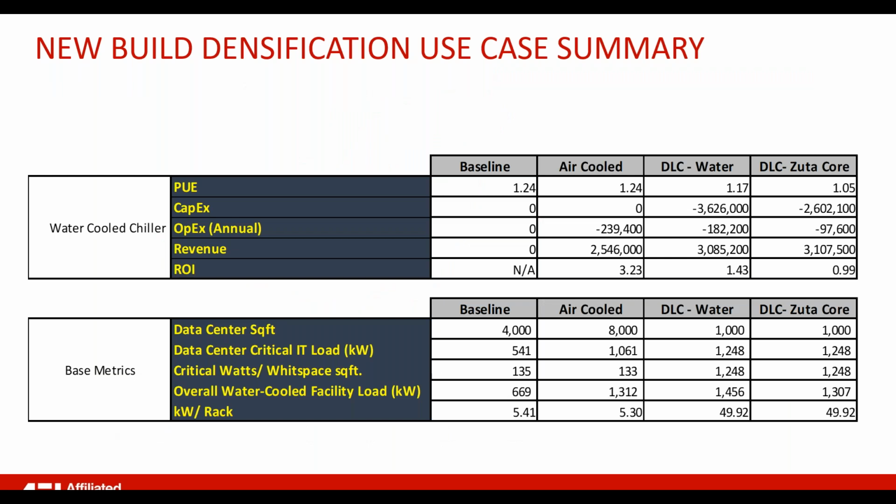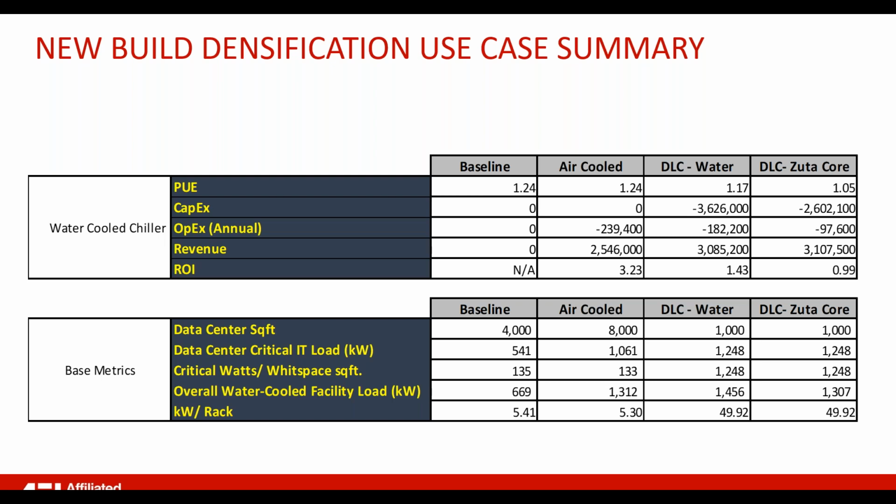This is a summary of this. You can see what our base metrics are versus our scenario. The baseline is 1.24 for the air-cooled. Even if we go to a direct-to-chip liquid cooling solution, we're still not getting quite the same level of capacity or efficiency as we can with Zuta-Core, because I may have to hold that water temperature a little higher depending upon the chip temperature.